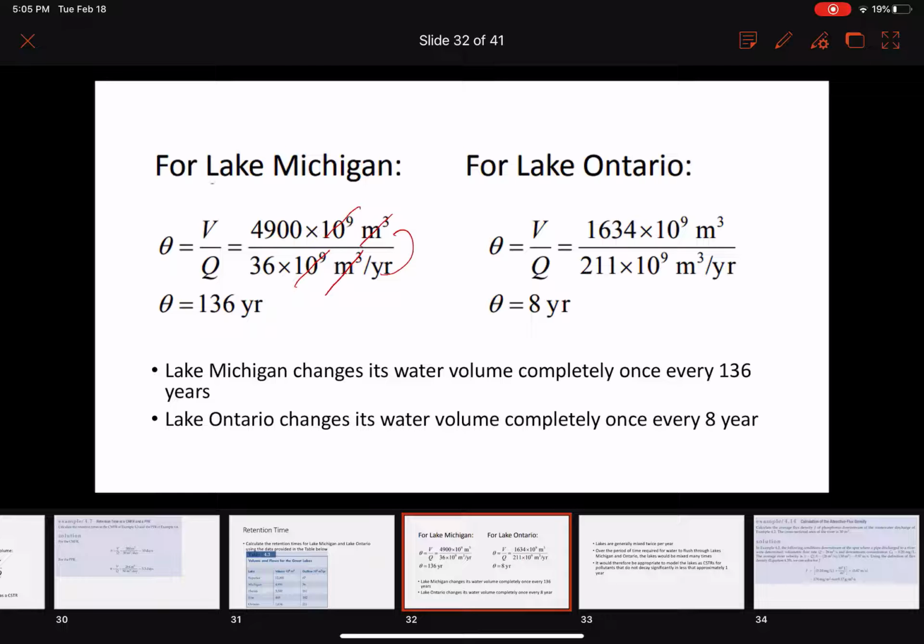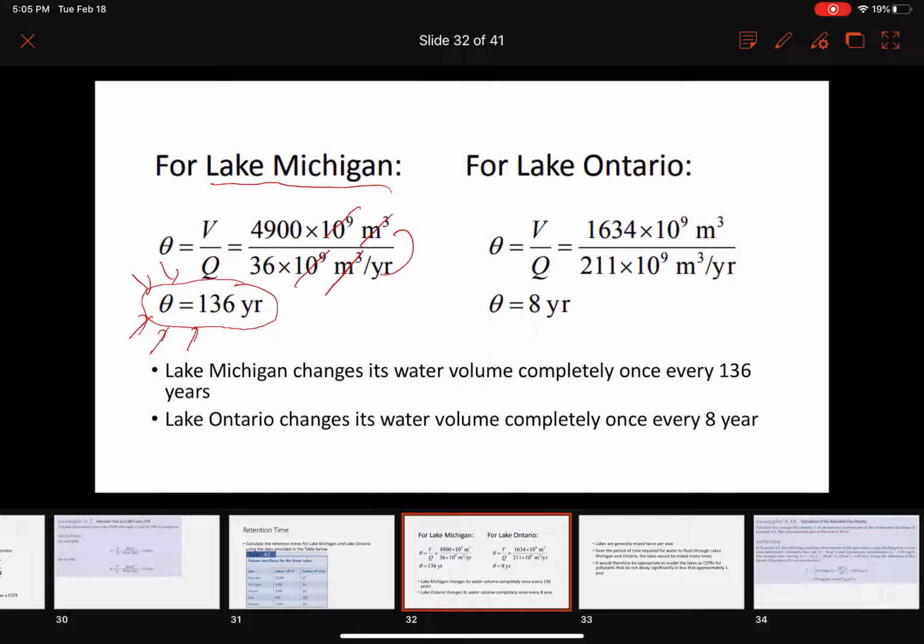So for Lake Michigan, the water will stay inside the lake for 136 years. Wow, this is an oldie water. So if you go and swim in Lake Michigan, you would expect that the age of the water you are swimming in is 136 years.